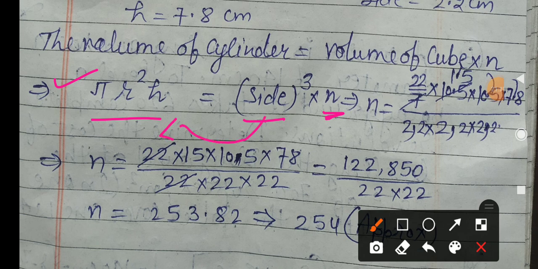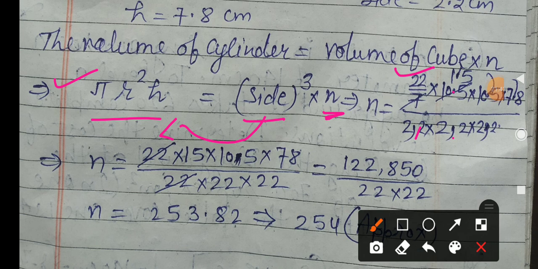So this value moves over in divided form. We put the values of pi, r, h, and the side just like that. So 22 upon 7 into r squared, that means 10.5. So you write 10.5 into 10.5 into 7.8 upon 2.2 into 2.2 into 2.2. All the points are cut with the above points.